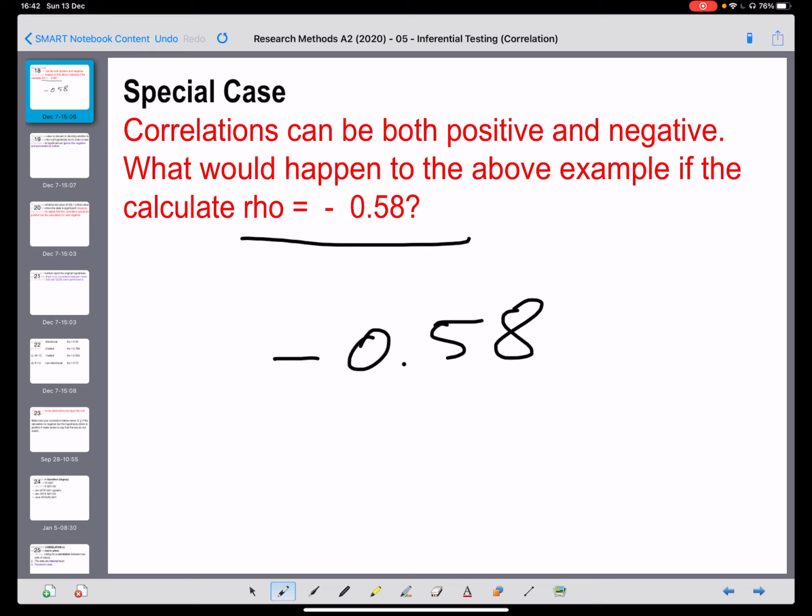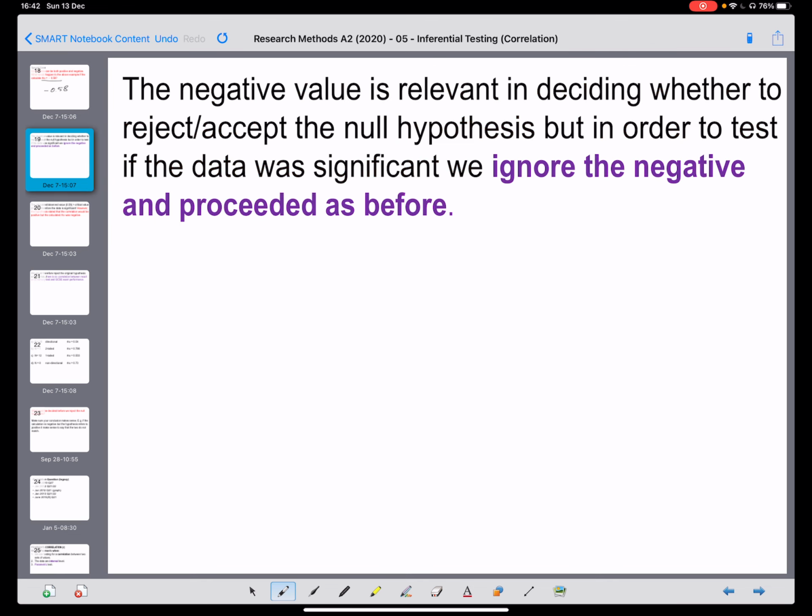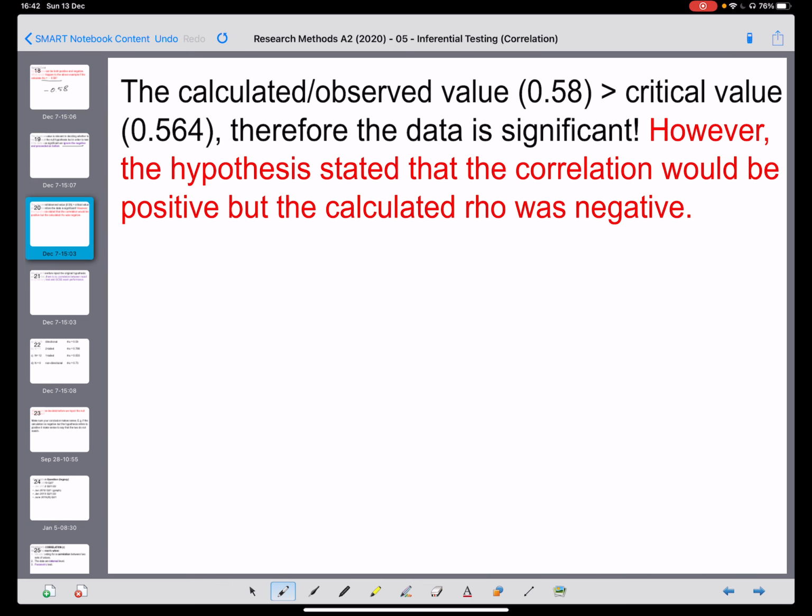If we ever do have a negative observed value or calculated value, what we do is we ignore the negative sign when we go to our table. We need to make sure that we can compare like with like. So if all the values in the critical table are positive, then we need to compare it with a positive sign. So in other words, we take the negative away. So then we'd say the observed value is greater than the critical value.